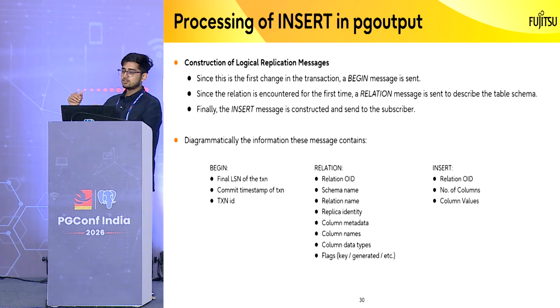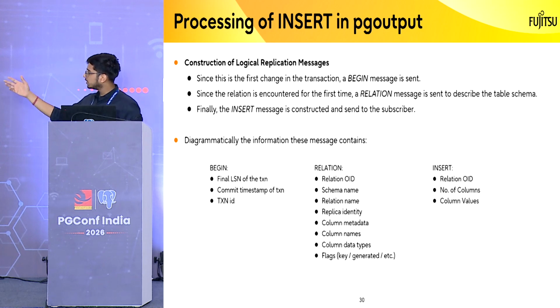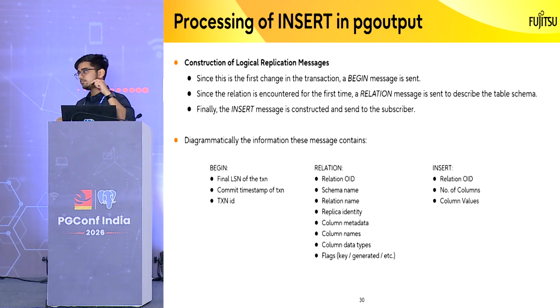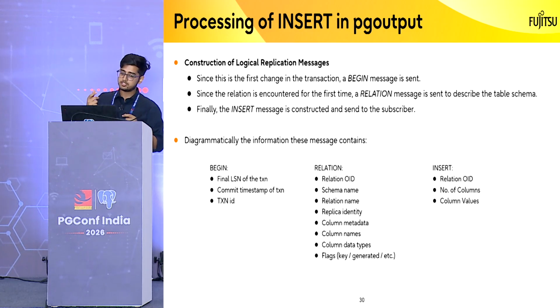Now the logical replication protocol messages are created. Since this is the very first change in transaction 761, a begin message is constructed and sent alongside. Since this is the first change on that particular relation, a relation message is constructed and sent.